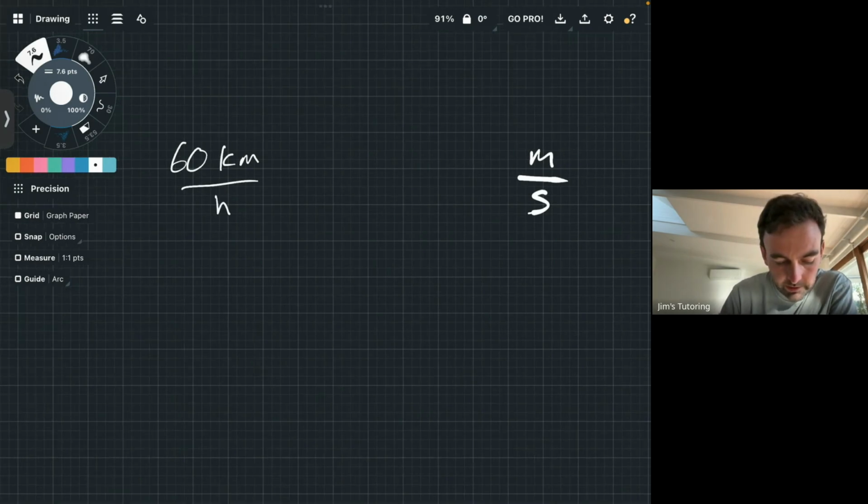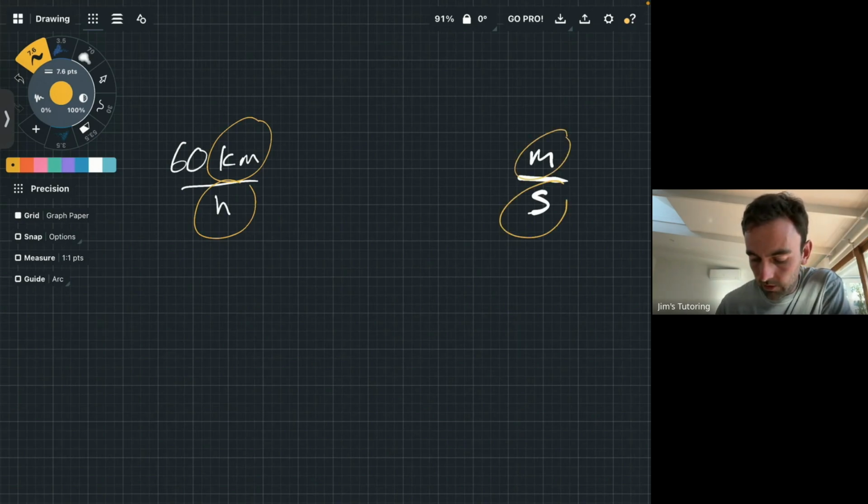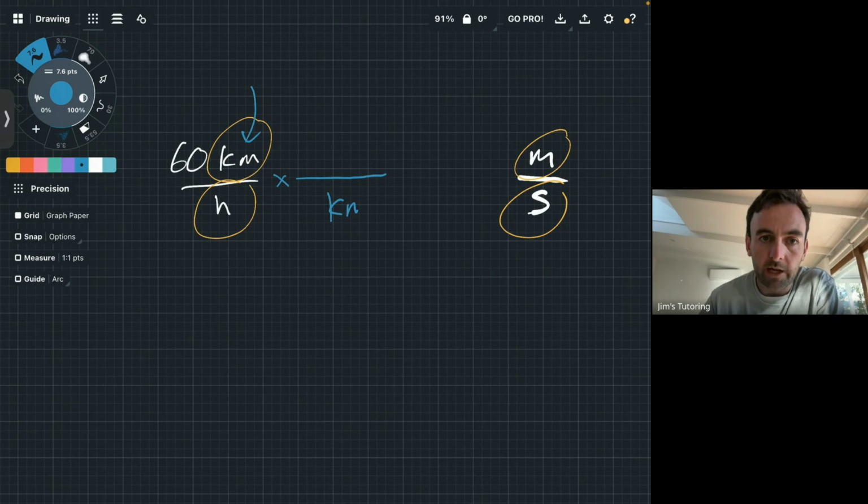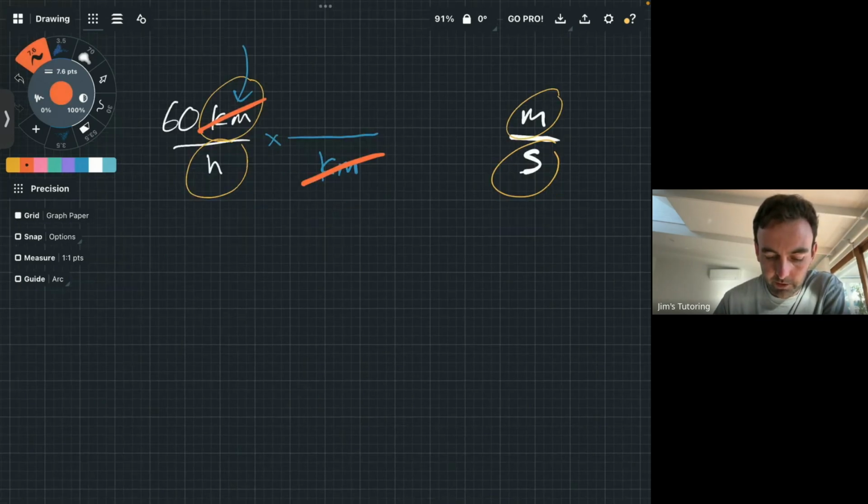If we look at the units we've got, neither of them are in our final units, so we want to cancel each of those out. Let's say we want to cancel out the kilometers because we don't need those anymore. If we could magically put some kilometers underneath in a fraction like this, these kilometers would cancel out because we've got the same thing on the top and the bottom.